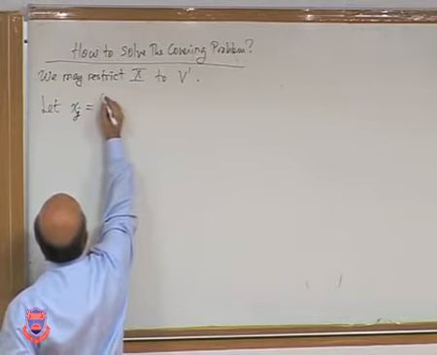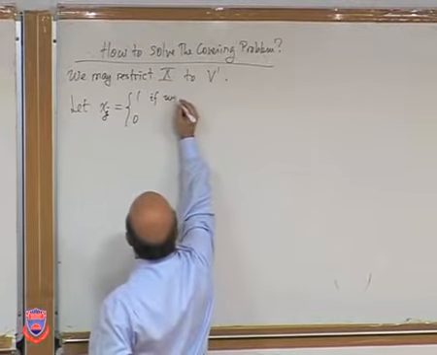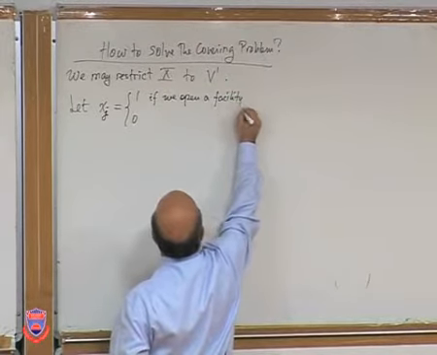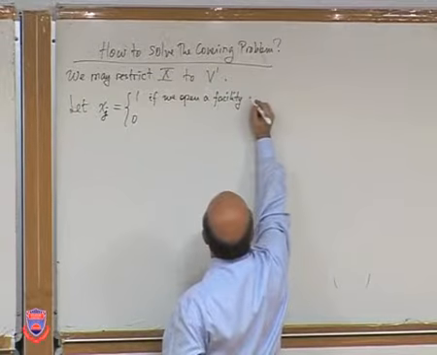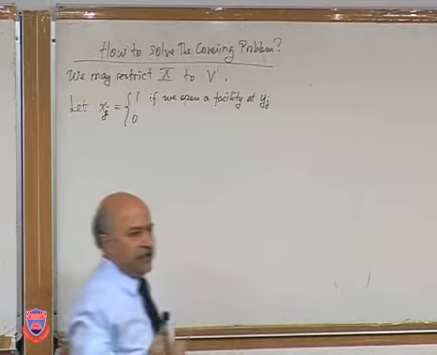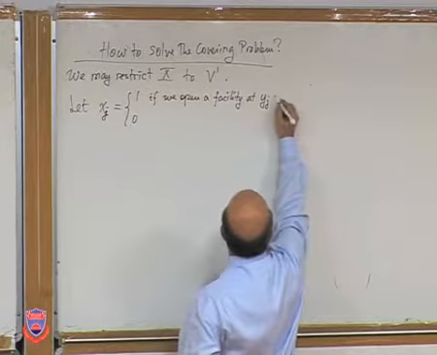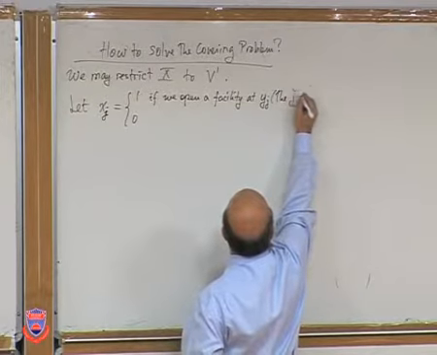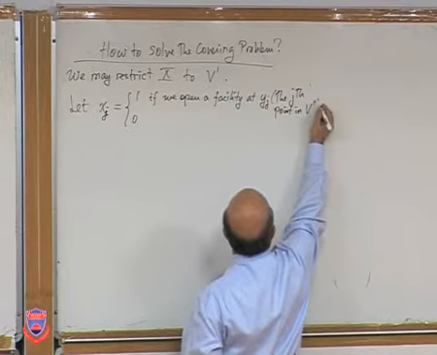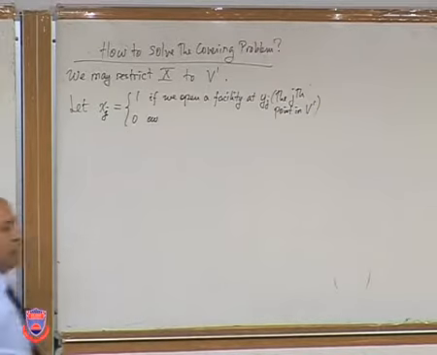So let xj be either 1 or 0. 1 if we open a facility or center or covering point at yj, the jth point in v prime, and 0 otherwise.